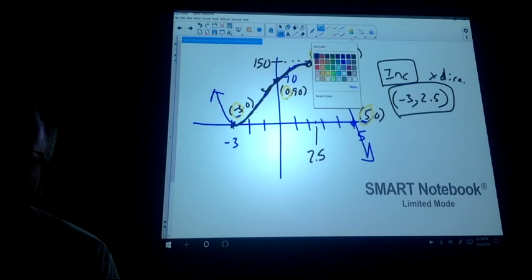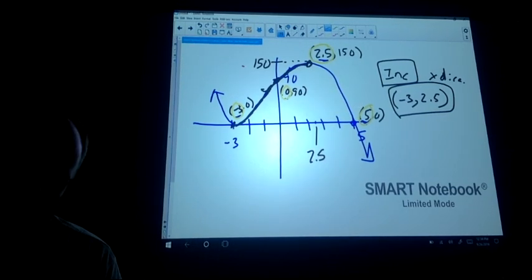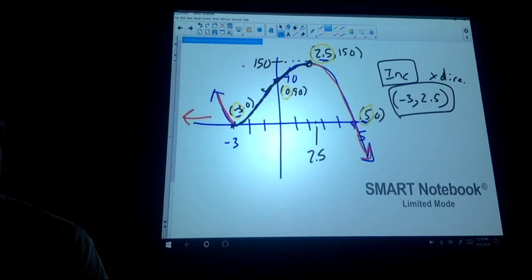All right, let's bring up red. So here and here, as I go left to right, it appears that it's going down. So what number is way far this way that we refer to in math? -infinity. And what number is way far this way? Infinity.